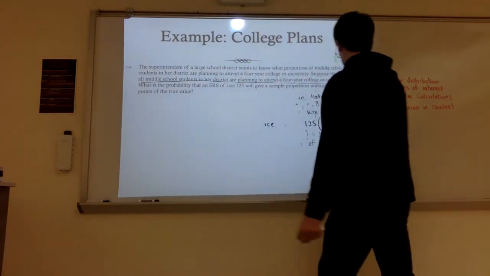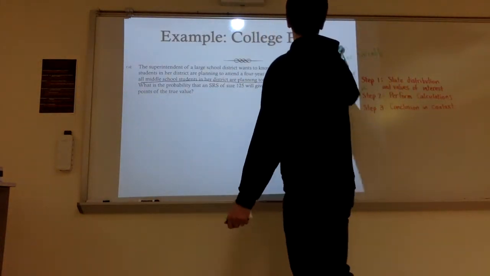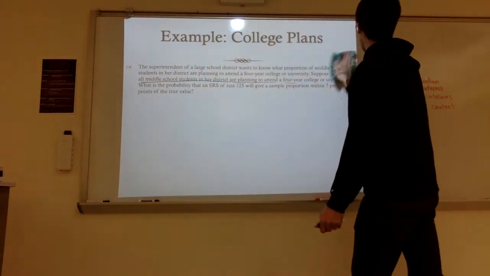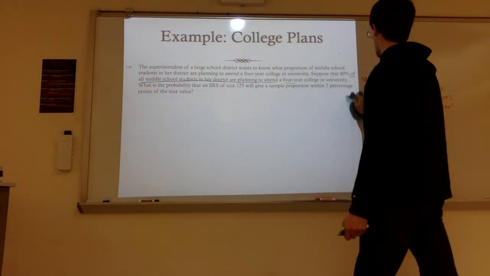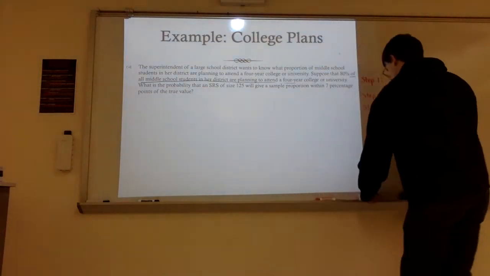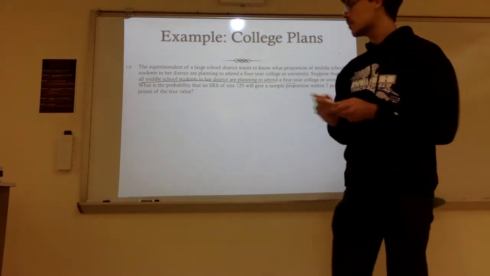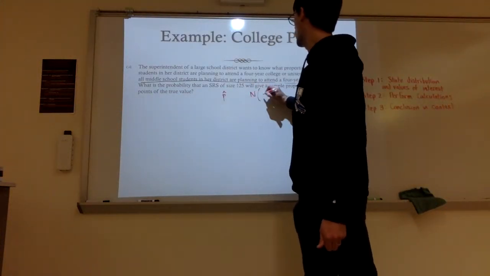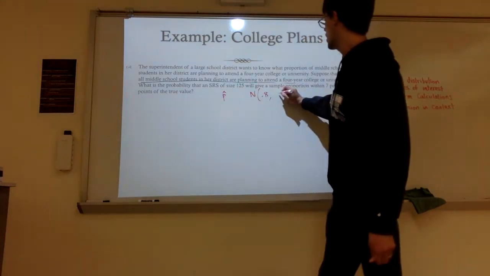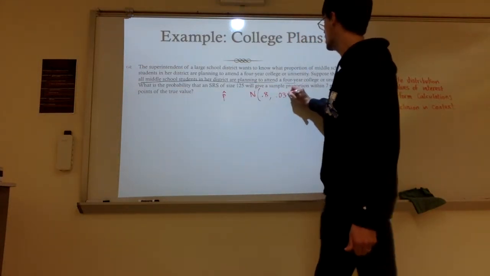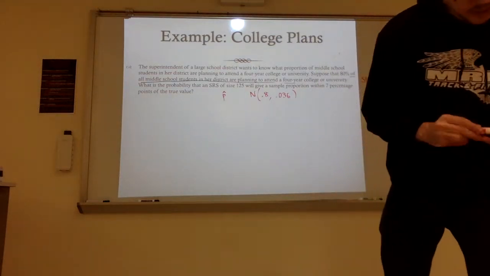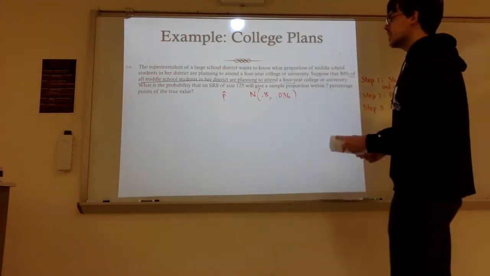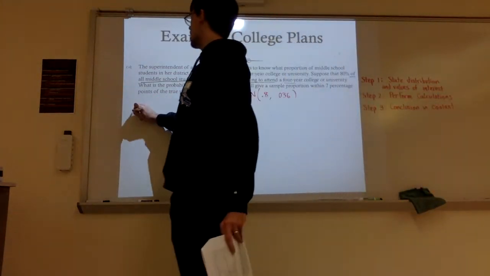All right. So having set up the key stuff in the problem, now we're ready to actually do our calculations and find the probability that they're looking for. Again, we knew that the distribution of p hat is going to be normal with mean 0.8 and standard deviation 0.036 is what we got. We want to find the probability, so this would be our step 2 right here.